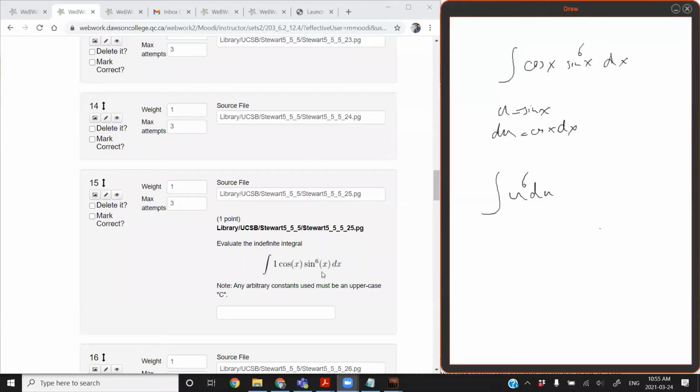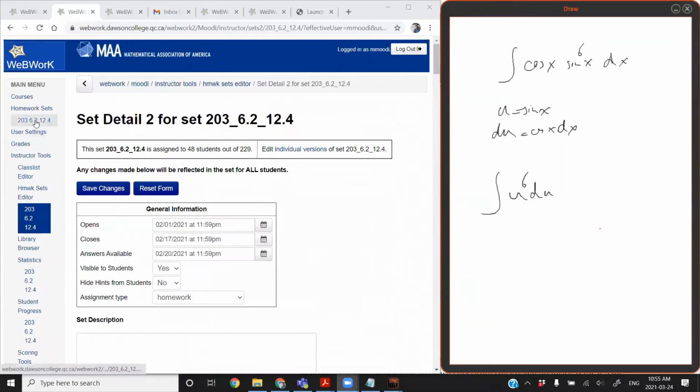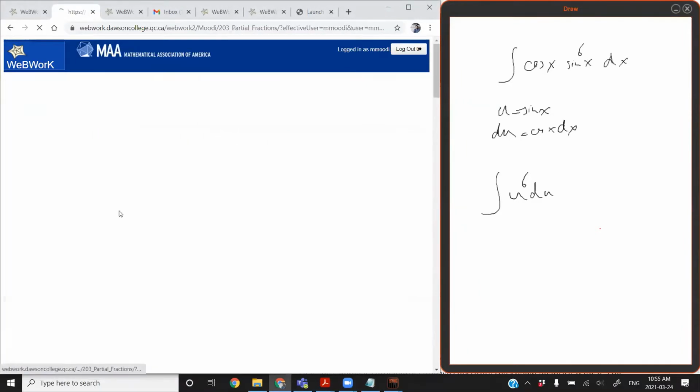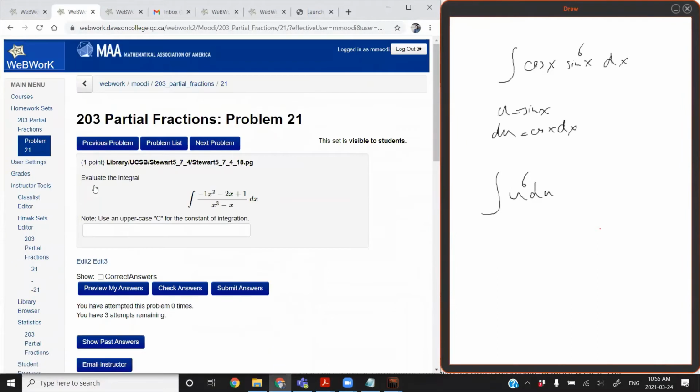Can you do partial fractions number 21, please? Okay, so do you know how to factor the denominator for this one?